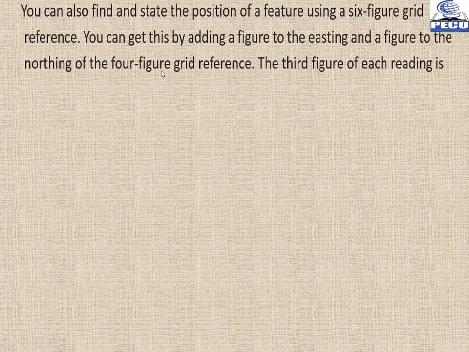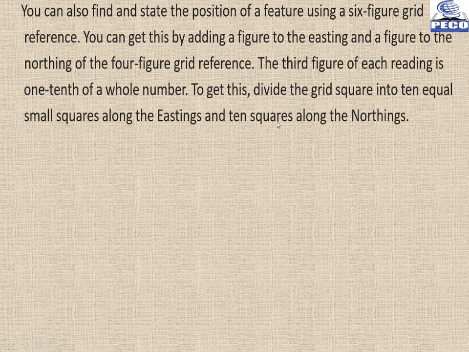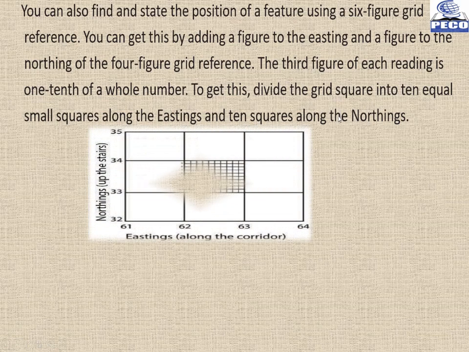To get to a 6-figure grid reference, we shall add 1 figure to the eastings already noted and 1 figure to the northings already noted. So the 3rd figure of each reading is 1/10 of the whole number. To get this, we divide the grid square into 10 equal parts, or equal small squares, along the eastings, and 10 equal small squares along the northing.